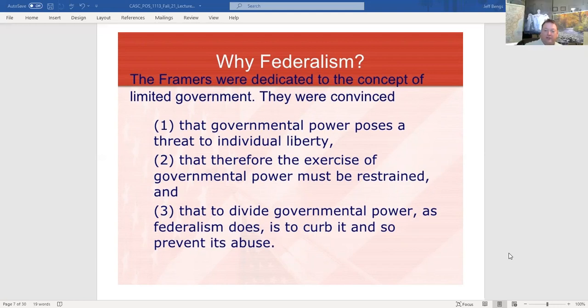And therefore, federalism was absolutely essential in our framers' minds, so that government power would be restrained, and that's why we divide government into independent institutions. That way, the tendency to abuse power will be diffused.